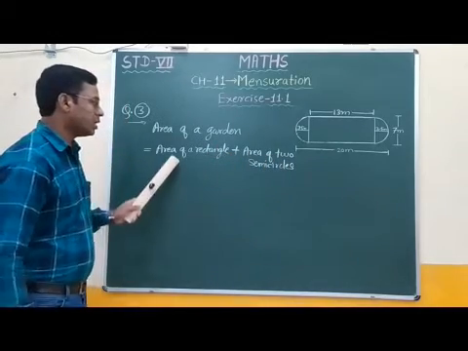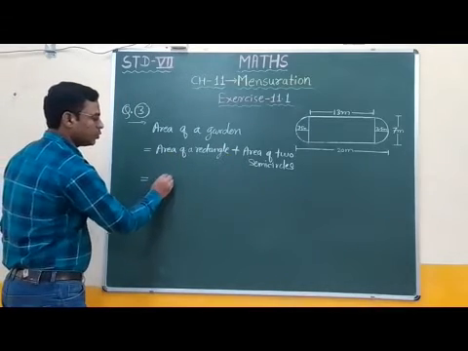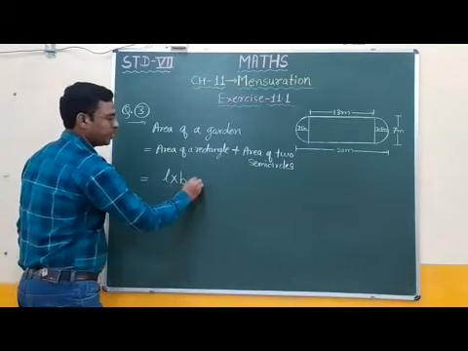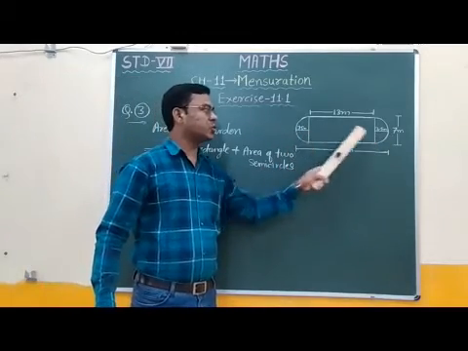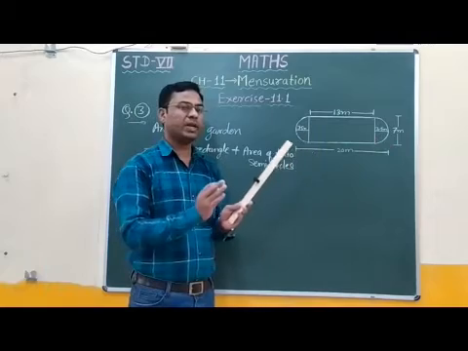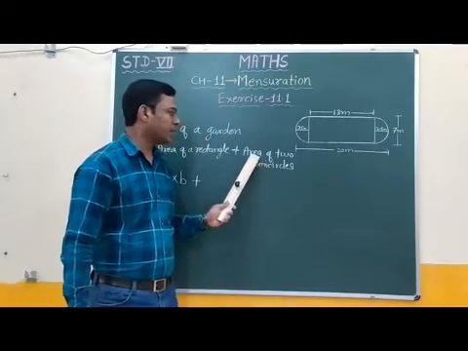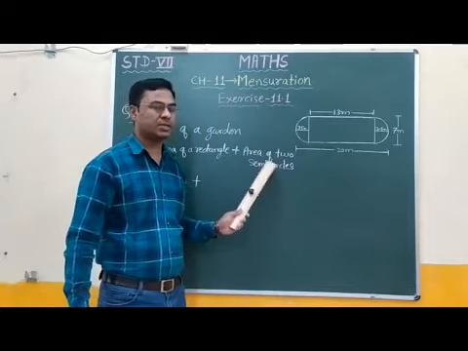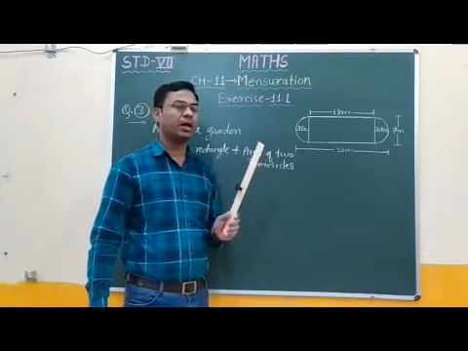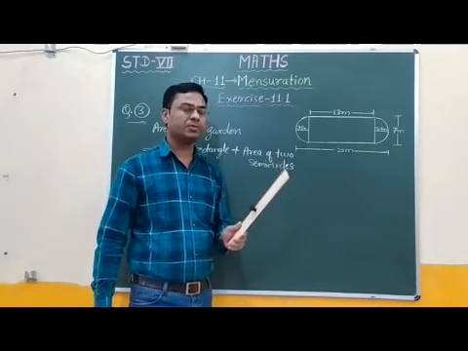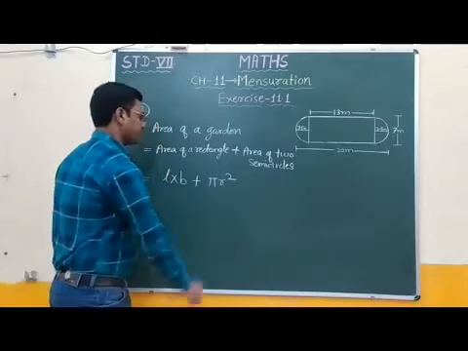The formula for the area of a rectangle is L into B, plus, if we join these two semicircles, then we will get one complete circle. Therefore the area of two semicircles is equal to the area of one complete circle, and the formula for the area of a circle is pi r square.